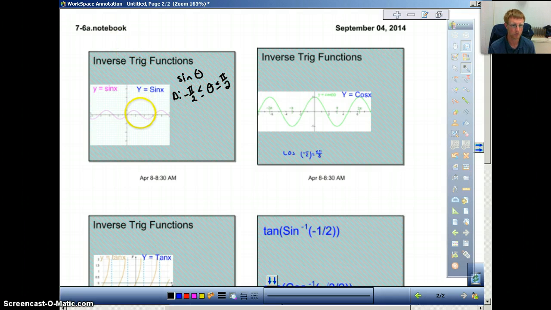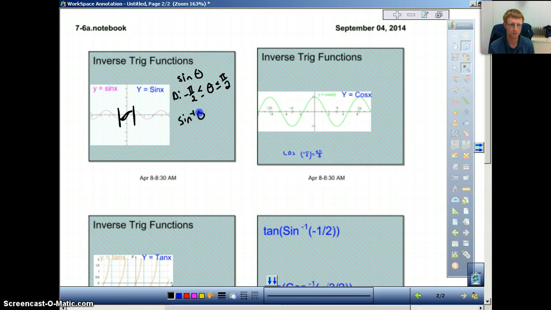So basically, we know that negative pi halves is about right here and positive pi halves is about right here. That means that this little line in between is the only place that the inverse sine can be defined. So let's define that right now.